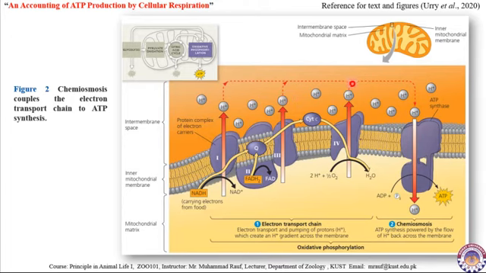Because the intermembrane space has a high concentration of protons, and because of their abundant number and concentration gradient, they move into the ATP synthase, and in this way ATPs are synthesized. Remember, NADH enters complex 1, FADH2 enters complex 2.